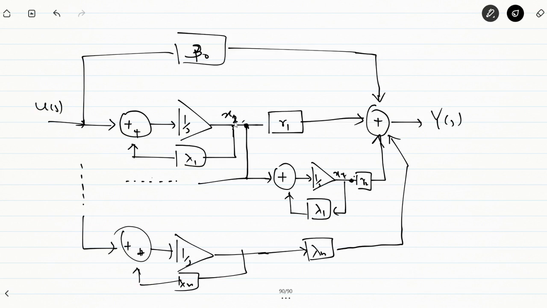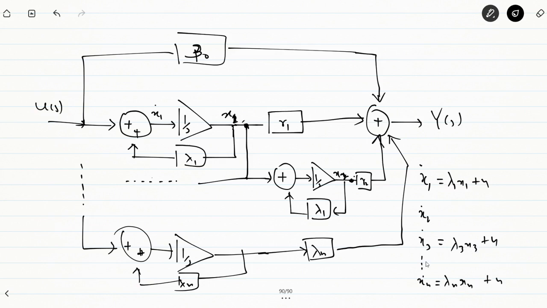So accordingly, if you are choosing x1, we will see both cases. For example, I take this as x1 and this as x2. x3, x4, x5, all the remaining terms are the same. So x1 dot is simply lambda 1 x1 plus u. x3 dot will be lambda 3 x3 plus u. x4 will be the same. xn dot will be lambda n xn plus u.